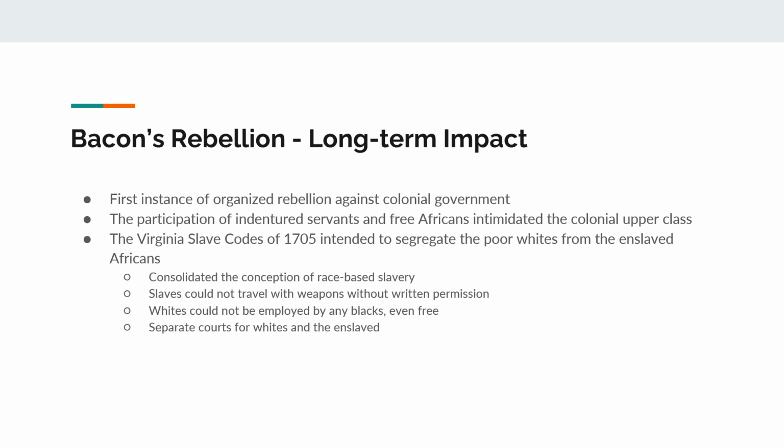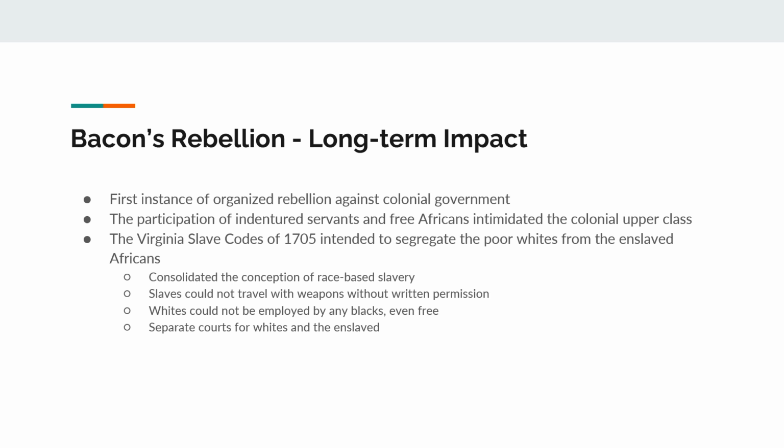And the combination of those two things really broke into the social consciousness of the colonial upper class in a pretty big way. It intimidated them in a lot of ways because it showed that the lower spectrum of the social classes could come together on an issue, and they tended to outnumber the elites pretty heavily. And when you give power to those groups of people, then it's harder to maintain your own power over them.